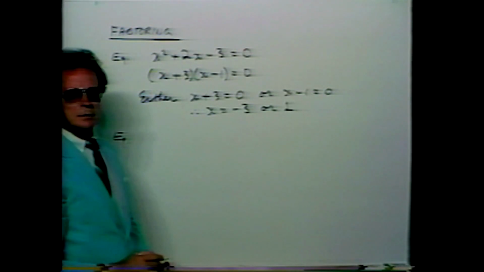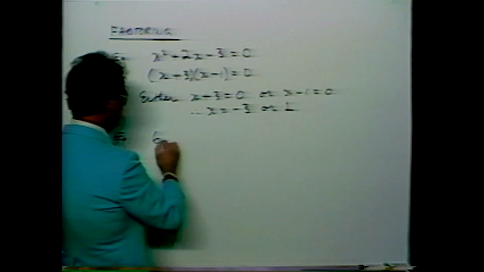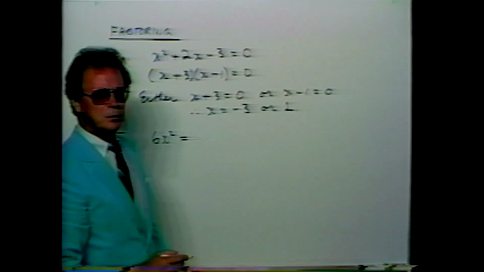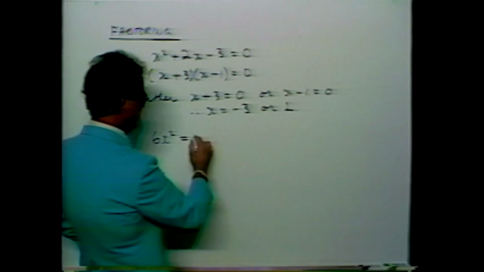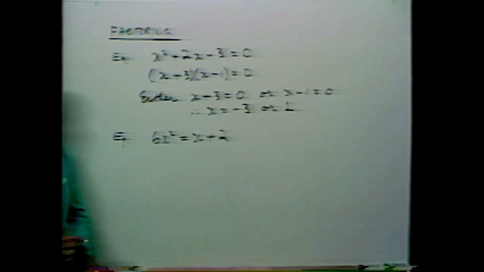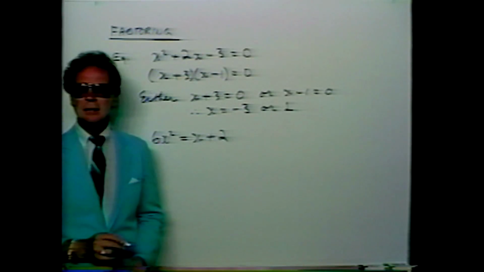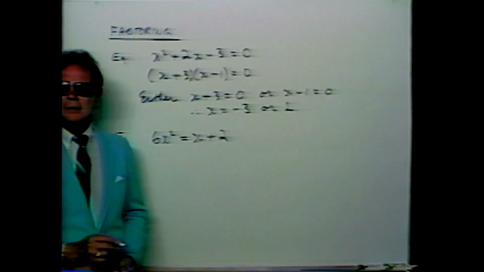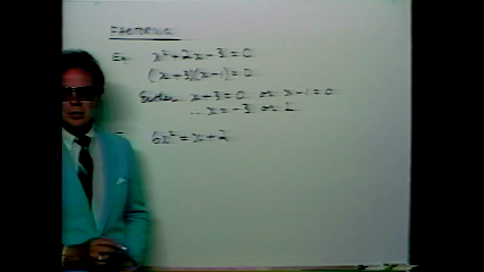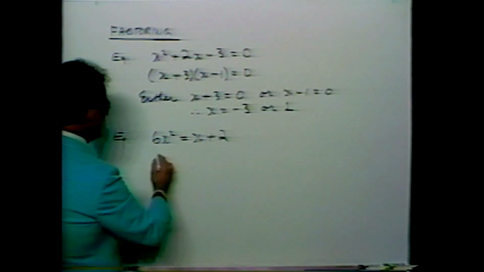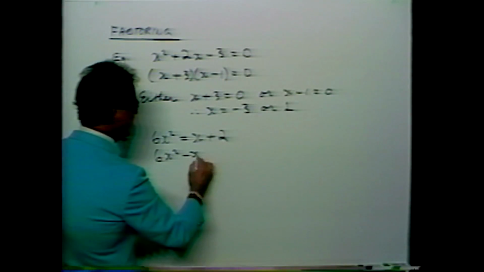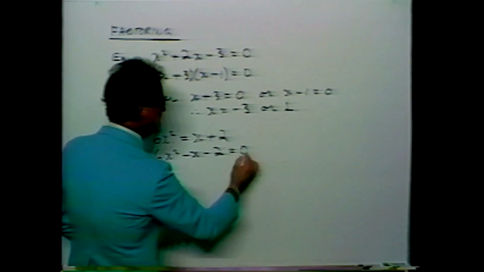Another example, 6x squared equals x plus 2. You must write this equation as a trinomial, or write this equation in standard form, as we say. In standard form, we would write 6x squared minus x minus 2 equals 0.